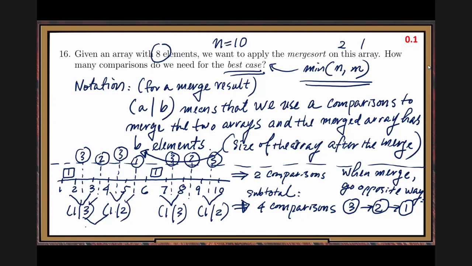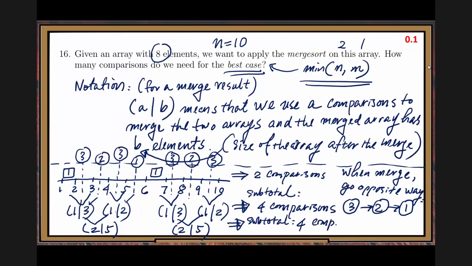So this round 2 bar 5. Merge these two, 2 bar 5. Subtotal 4 comparisons.